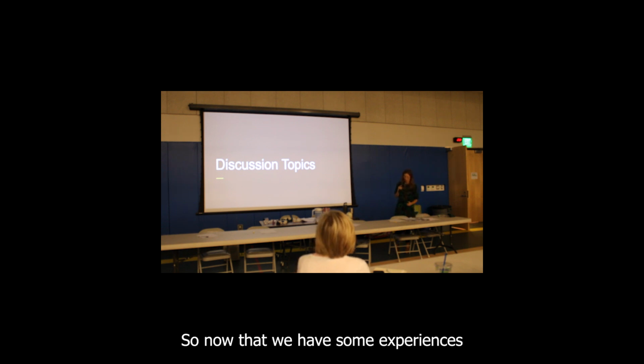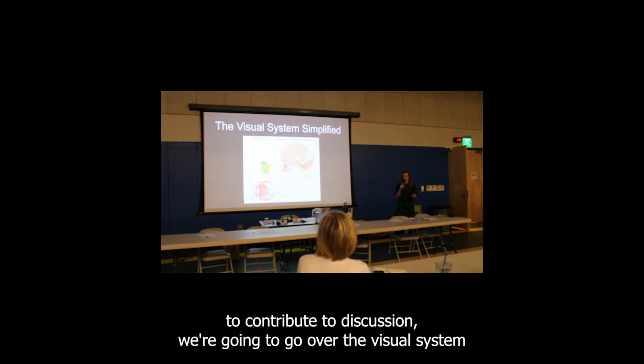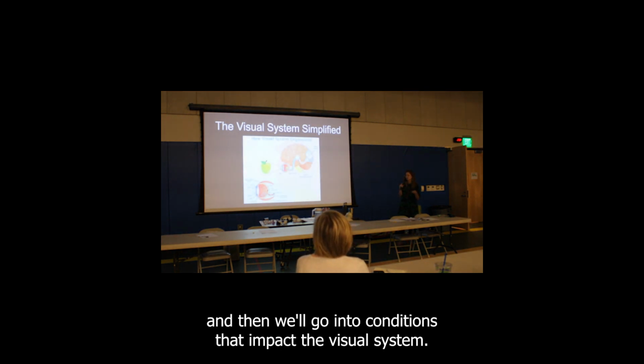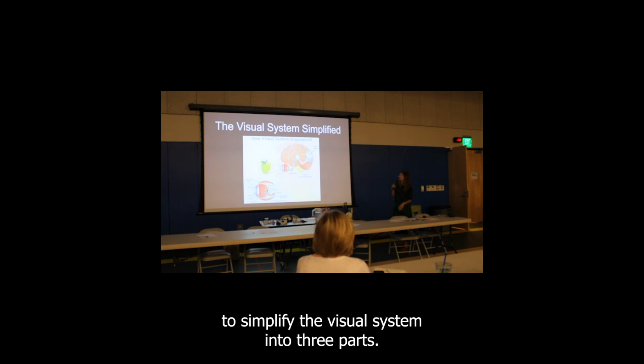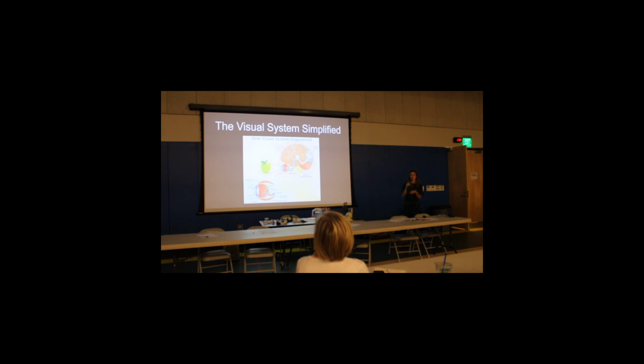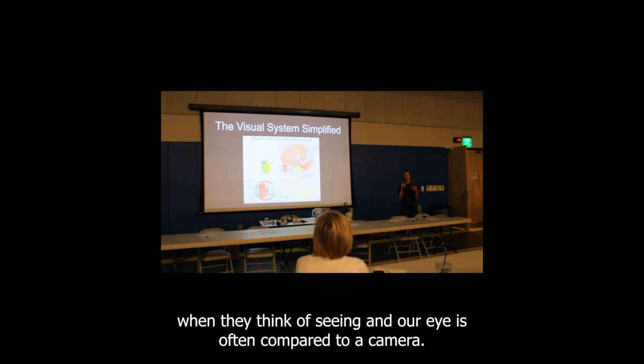All right. Now that we have some experiences to contribute to discussion, we're going to go over the visual system, and then we'll go into conditions that impact it. For today's discussion, we're going to simplify the visual system into three parts. You have your eye, which is what people think of when they think of seeing, and which is often compared to a camera.